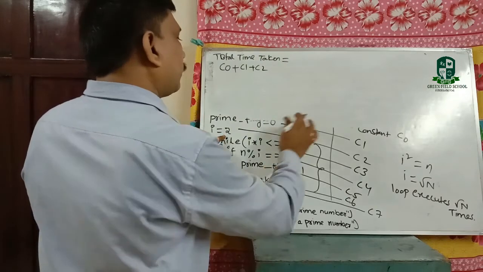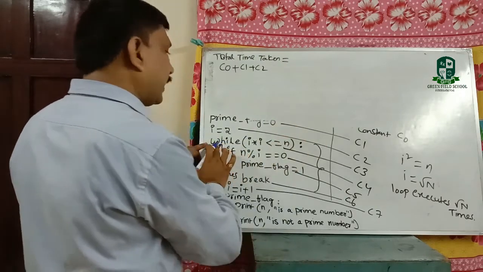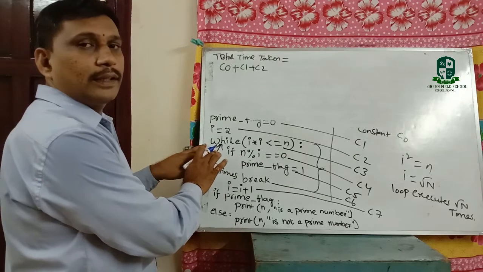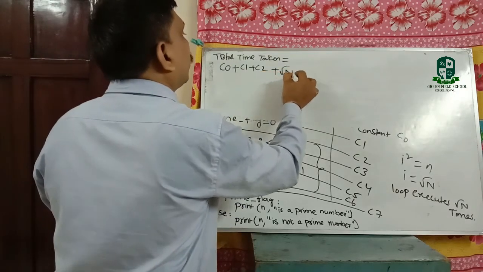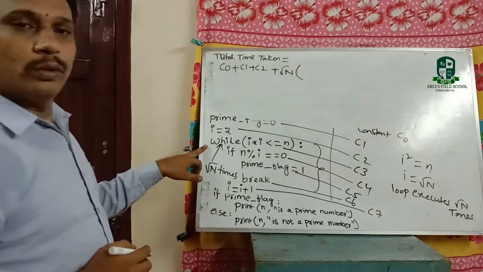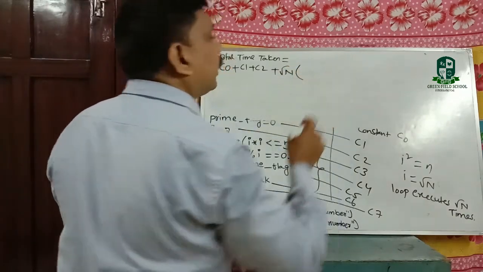Next is the while loop, which is executed root n times, multiplied by the body of the while loop statements.